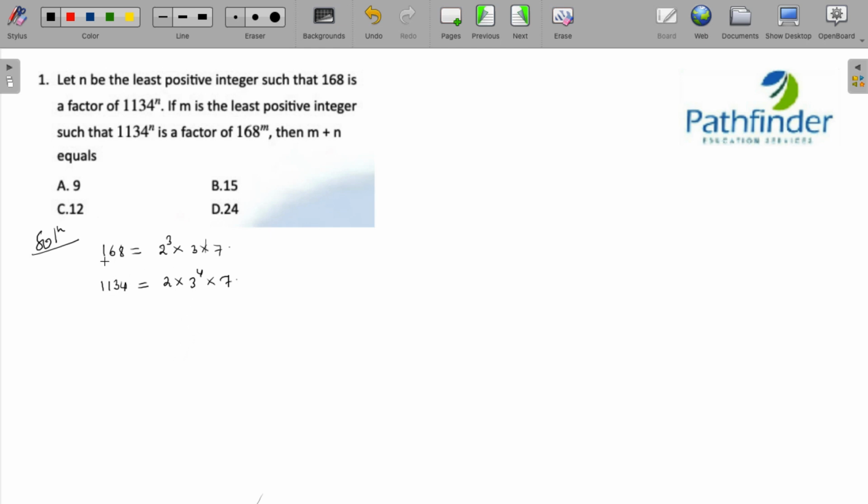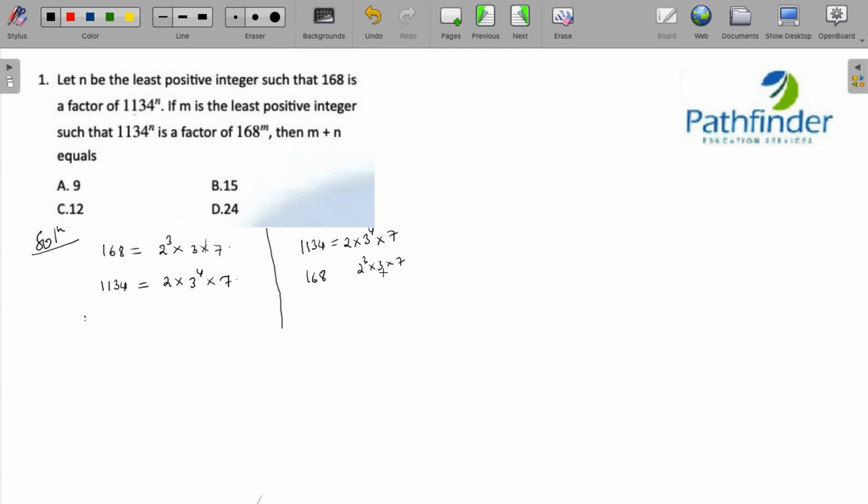Now we want 168 to be a factor of 1134 to the power of n. So for 168 to be a factor of 1134 to the power of n, if you compare the prime factors here, if you just do a simple division, 1134 which is equal to 2 into 3 to the power 4 into 7, and 168 which is equal to 2 cube into 3 into 7.